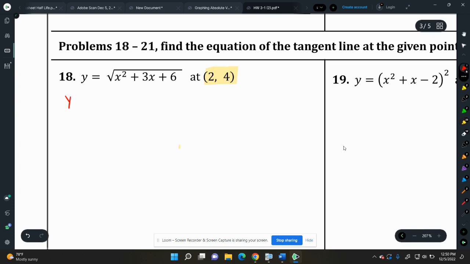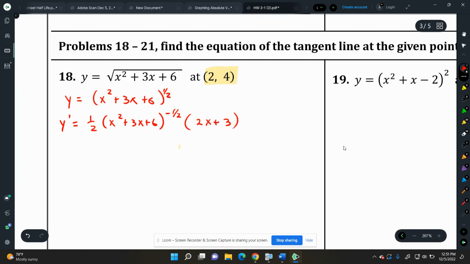So I'm going to rewrite y as x squared plus 3x plus 6 to the 1/2. So y prime, this one I'm just going to do outside, inside. 1/2 x squared plus 3x plus 6 to the negative 1/2. That's the outside. And then the inside will be 2x plus 3. Now I'm going to evaluate this at x equals 2.